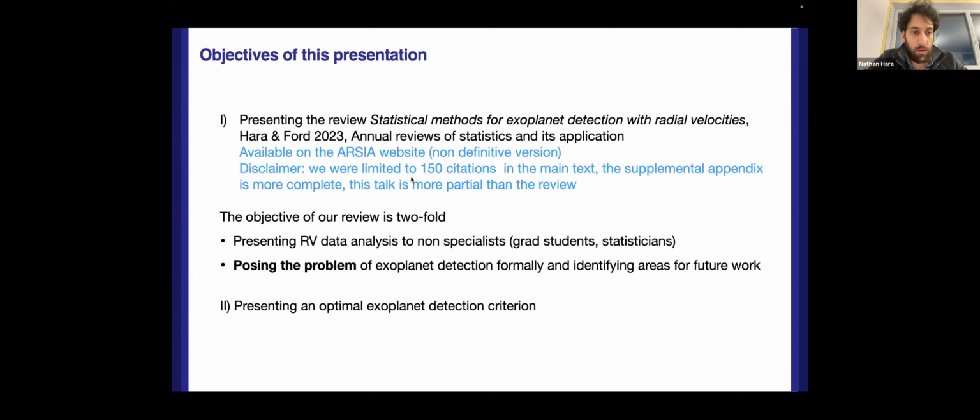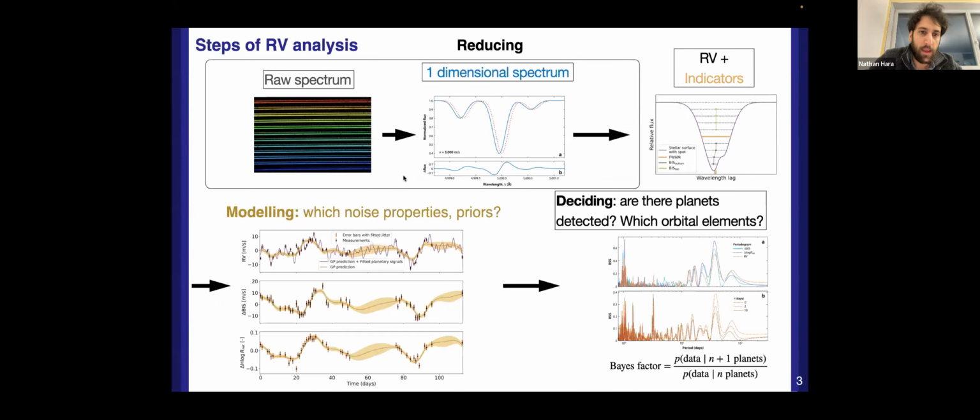And the other objective of the review, rather than giving solutions or state-of-the-art techniques, is to pose the problem formally and try to determine what we are trying to do precisely. And in the second part of the talk, I will present my own work on an optimal exoplanet detection criterion.